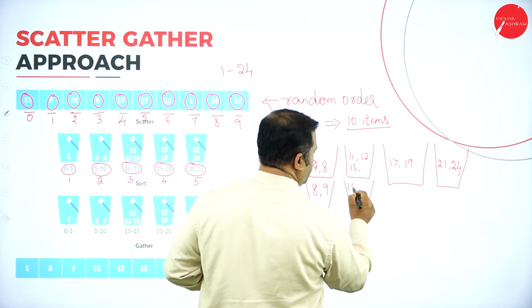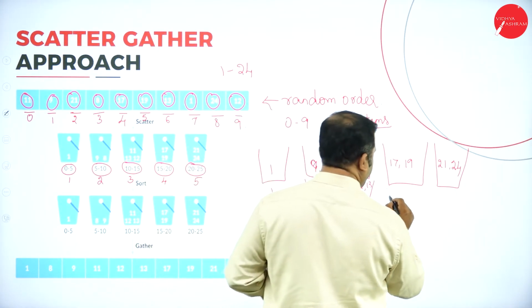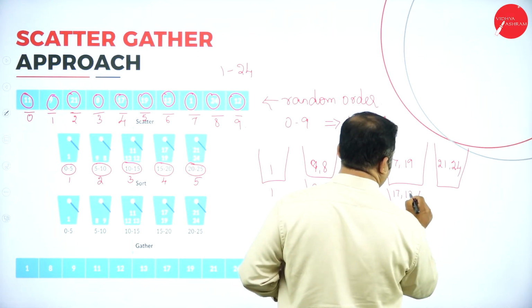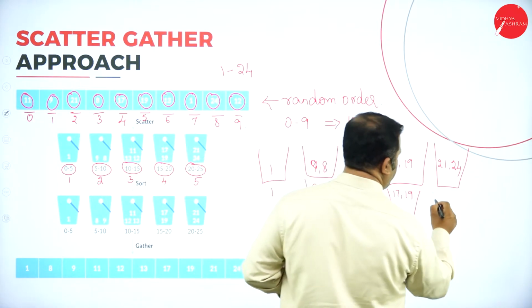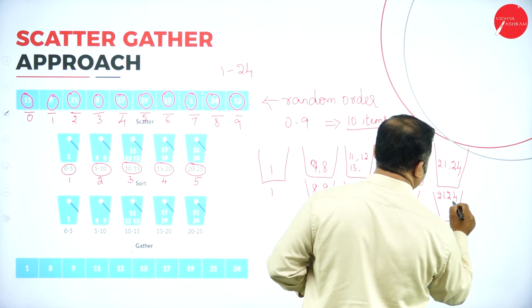Then 11, 12, 13 in another bucket, 17 and 19 in another bucket, 21 and 24 in another bucket.